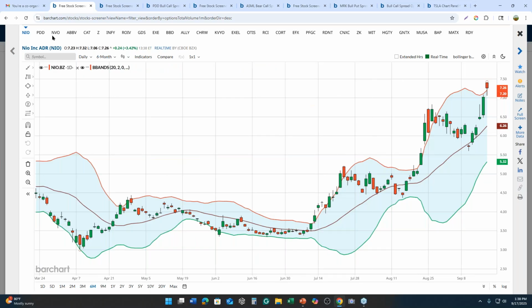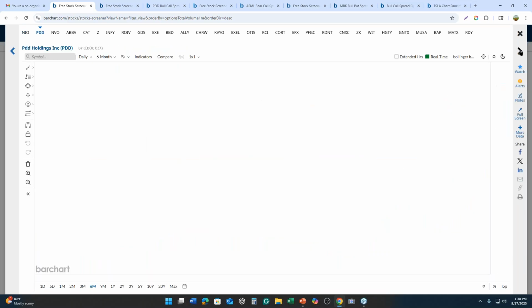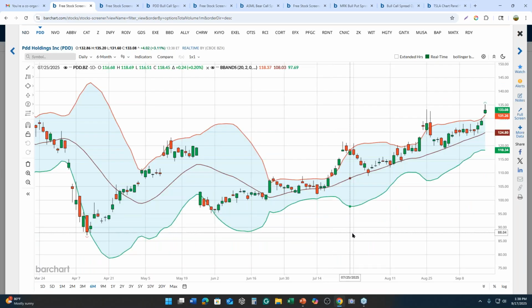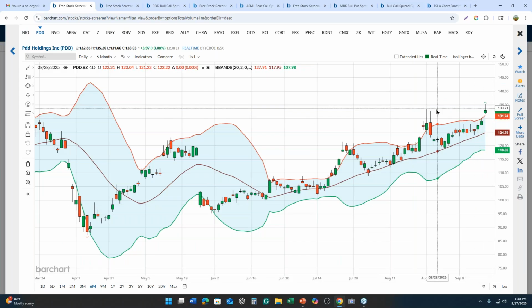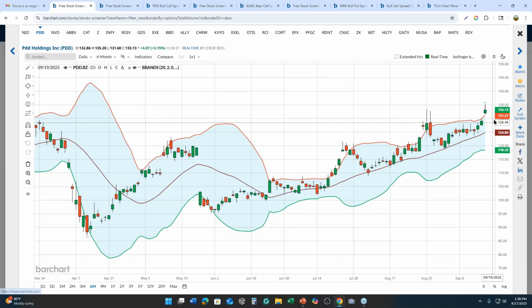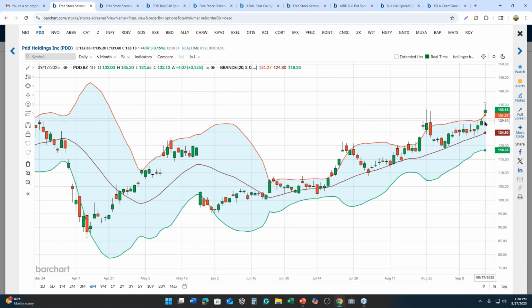Now, if I go to, let's say, Pindu, which is the next one, this one works a little bit better for me because it is more of a narrower band breakout, and the bands are starting to turn out. Plus, I can see that price has broken above structure to previous highs. And again, let's look at our technical analysis, right? Yesterday's closing price was around 129.